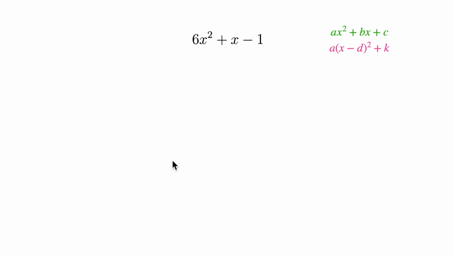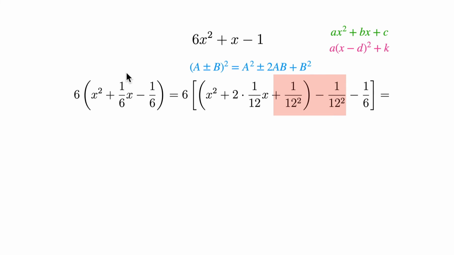And the last example here, we do this in a similar way as the previous one, by first factoring out the coefficient at x squared, and then by treating this expression as twice xb. So my b must be 1 divided by 12, if twice b must be equal to 1 by 6.